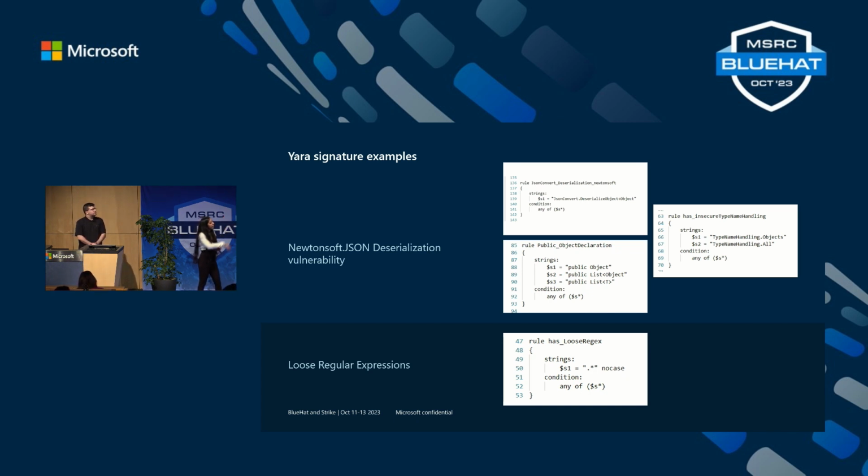And so that's the image to the right. Type name handling is basically a property that defines how a serializer handles the type name reading and writing. And so over here, you can see that the property is set to objects and all. And that's the insecure property setting to have in code.